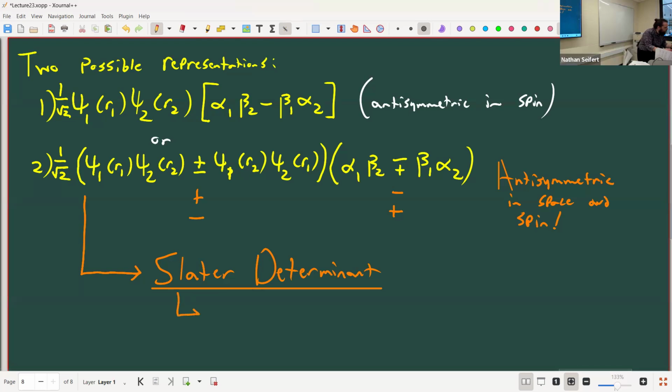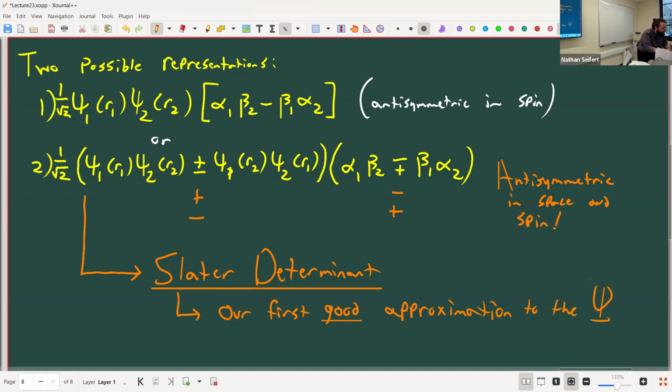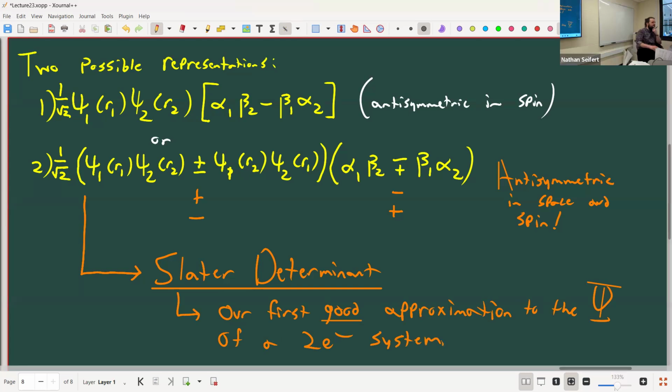And this is our first good approximation to the wave function of a 2-electron system. It's named after a dude named Slater.